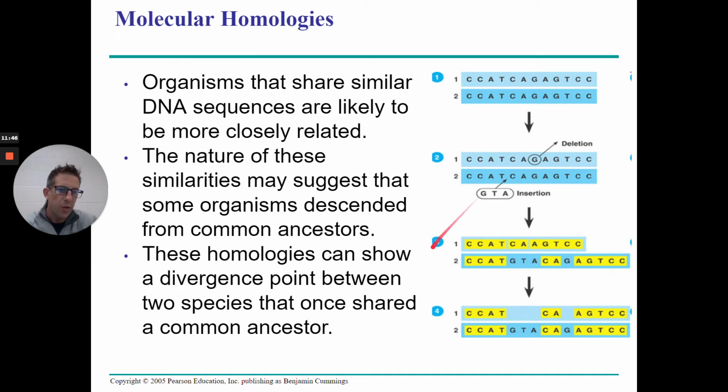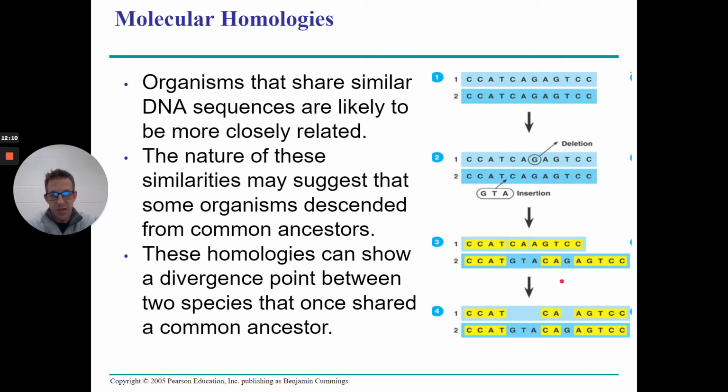And so as we work our way through these last two parts of this diagram, we can see that there is some remnant of the original DNA sequence, which is highlighted here in yellow, but the stuff that's still in light blue are the new changes to these specific DNA.